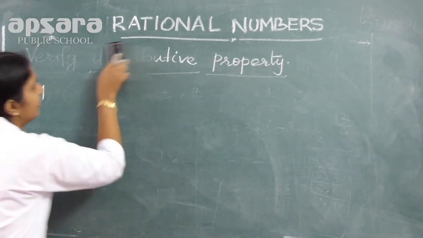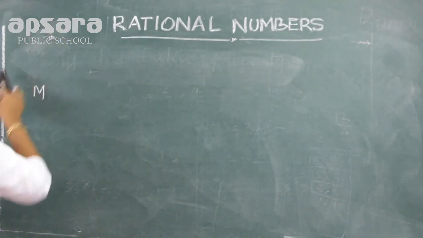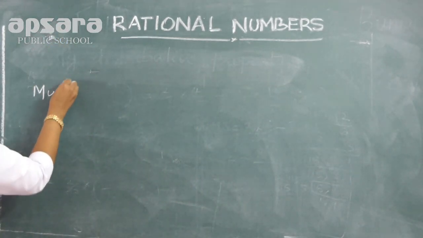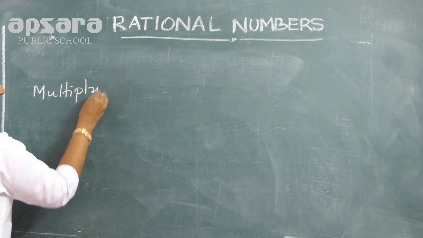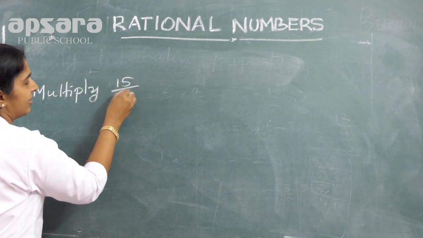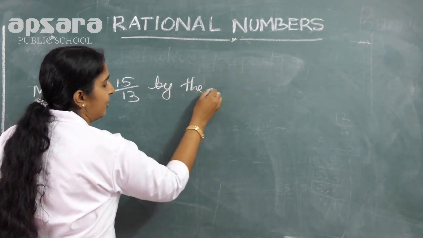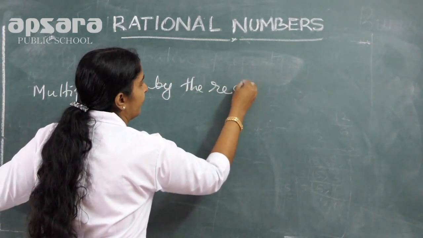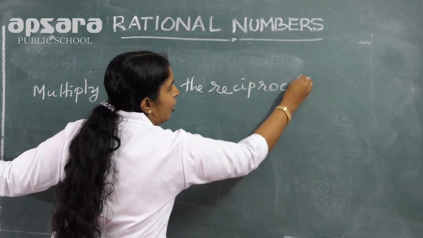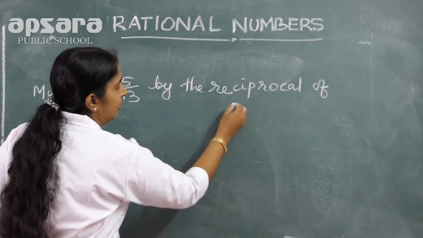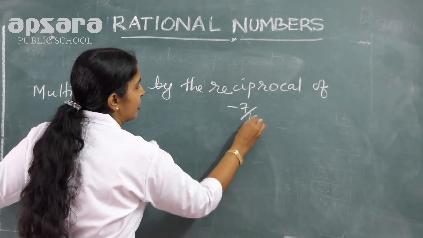Multiply 15 by 13 by the reciprocal of minus 7 by 16.